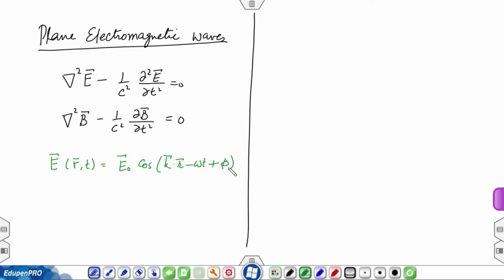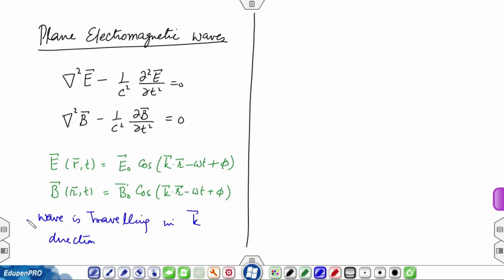That takes care of whether it is sine or cosine or something in between, and B(r,t) equals B 0 cosine of k dot r minus omega t plus phi. Notice that the wave is traveling in the k direction, number 1, and number 2, its amplitude is constant.